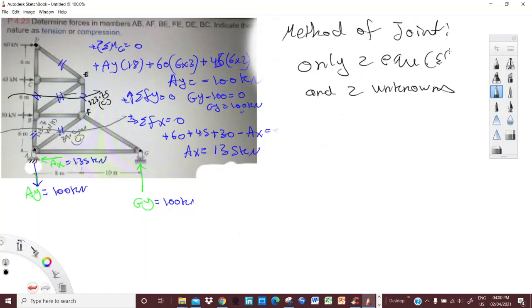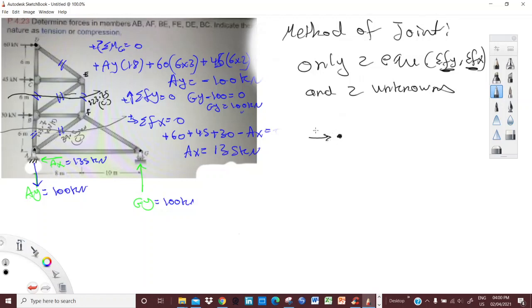The two equations are summation of Fy and summation of Fx. We can solve it with those, whereas in the method of sections we can also take summation of moment. So at D, everything is the same.